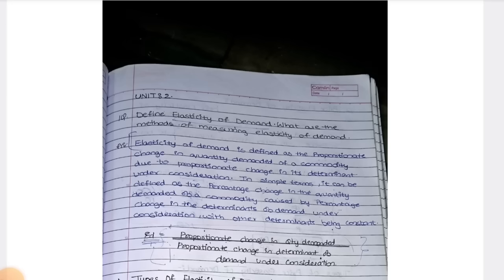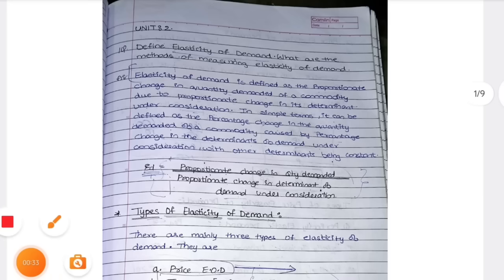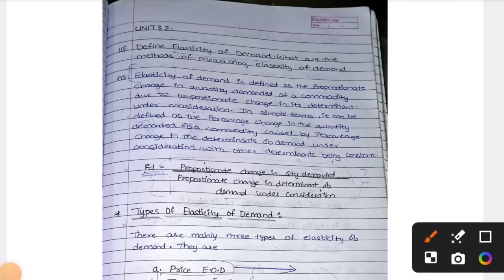So what does elasticity of demand mean? When the quantity demanded is increasing, why is it increasing? Because of the determinants of demand. If a product's price is increasing, there are different determinants.